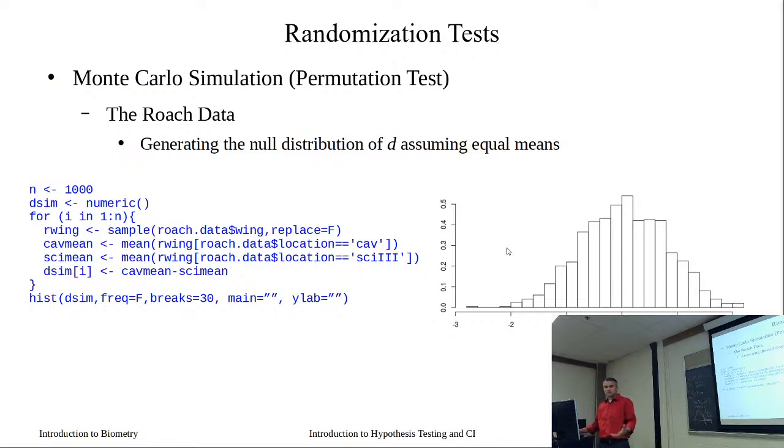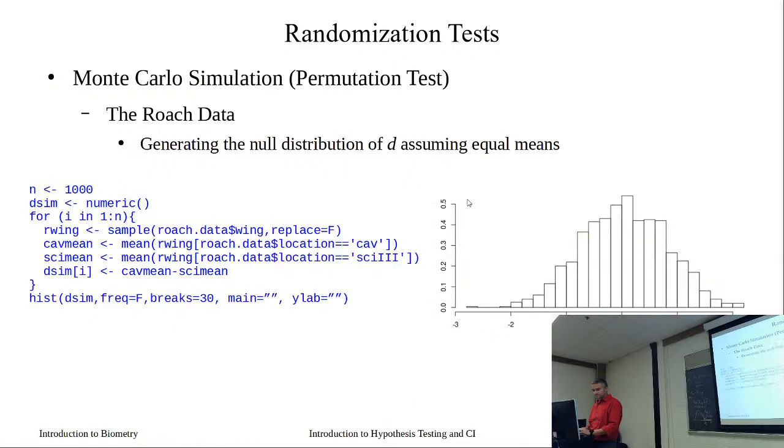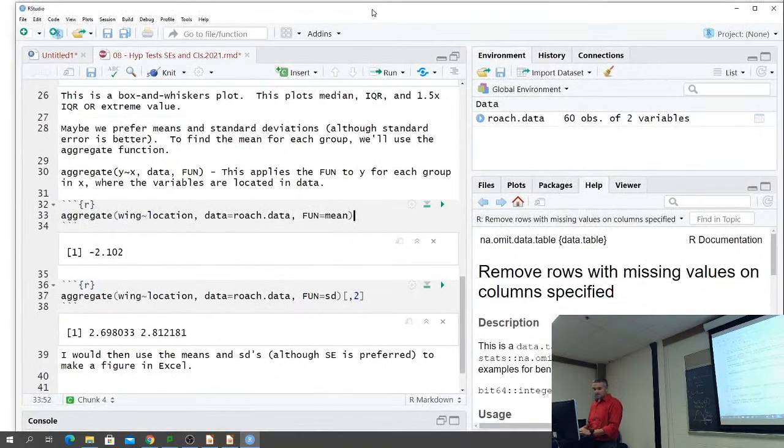So I can do this manually. I can shuffle up my data sets, shuffle the rows, shuffle this category, and then retake it. So here's one example.